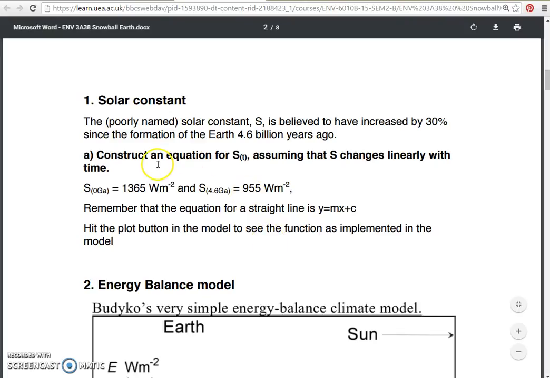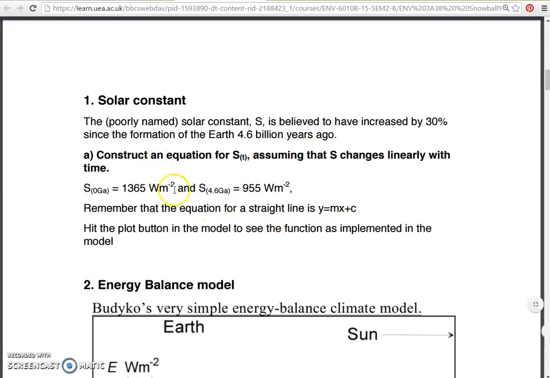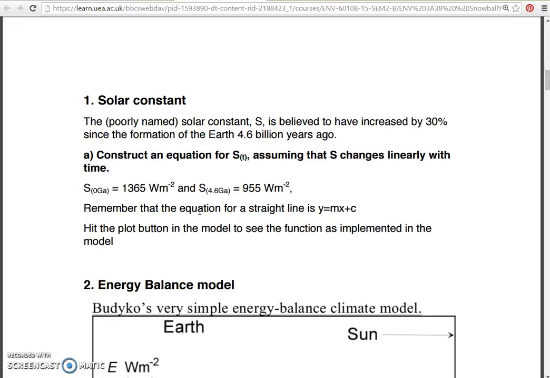So the first question is regarding constructing an equation that allows us to figure out whatever the solar constant value was, or the incoming solar radiation was at any point through time, given that we know the starting and finishing incoming radiation and how long the Earth has been here.